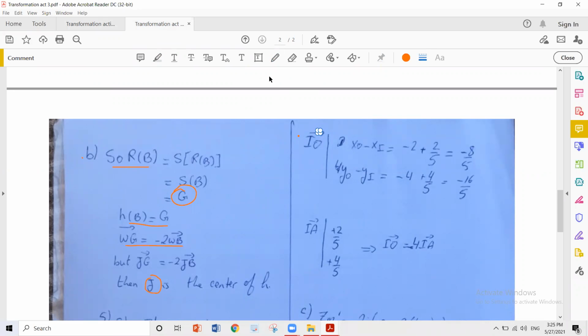Vector IO is xO minus xI. We get minus 2 plus 2 over 5 equals minus 8 over 5. yO minus yI is minus 4 plus 4 over 5, we get minus 16 over 5.